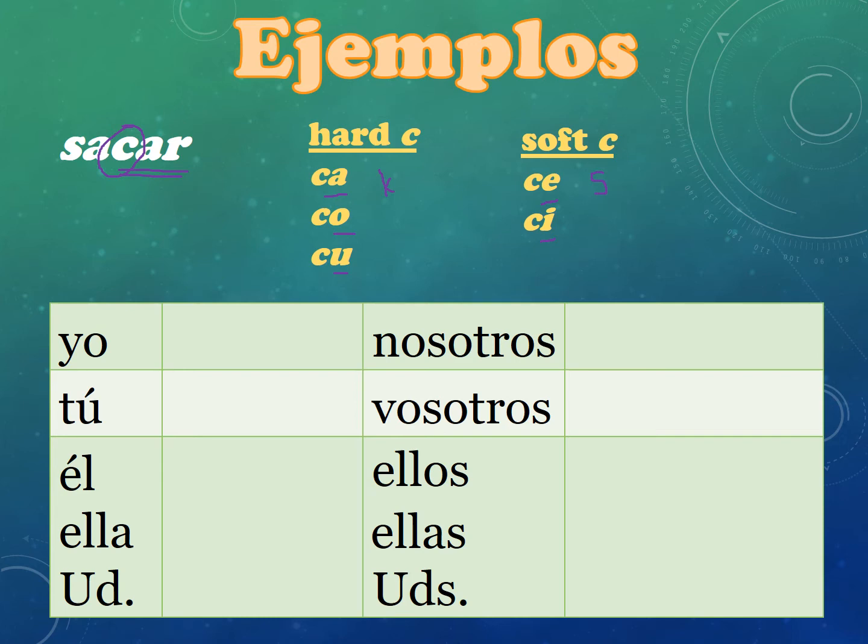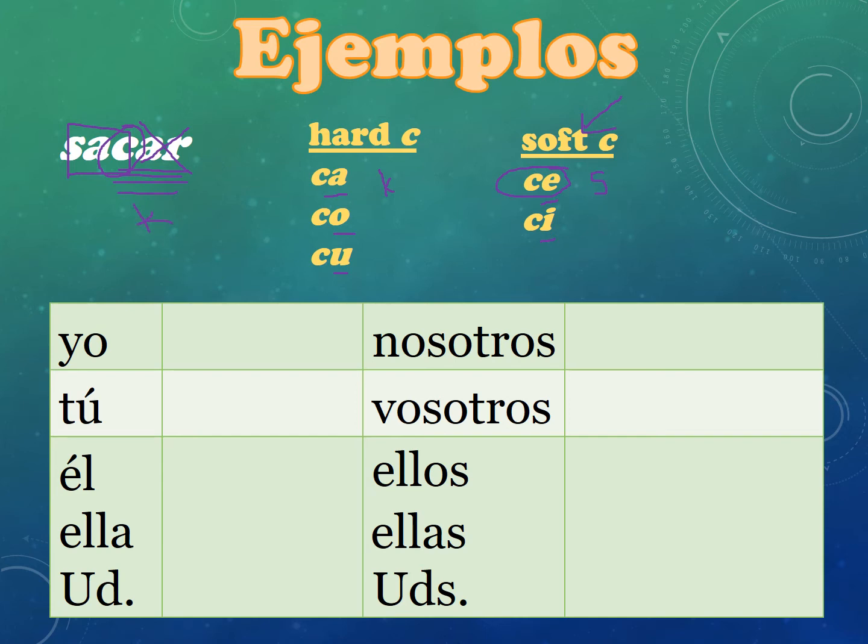So here's what happens. When we want to form the preterito, the first thing we do, as always, is take off the AR ending, and then we are left with SAC. But the yo ending is an E. So all of a sudden we have CE, and that's going to make us, with a soft sound, say S. But we don't want to say S because the verb is sacar with a hard K sound.